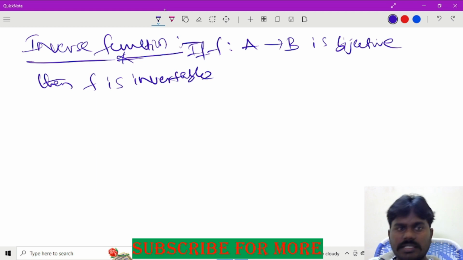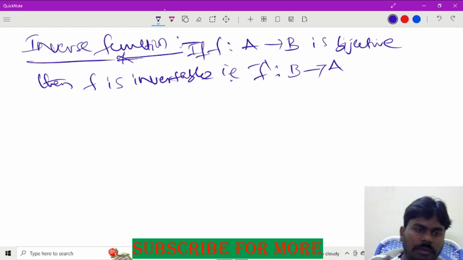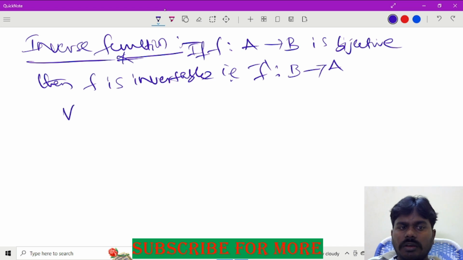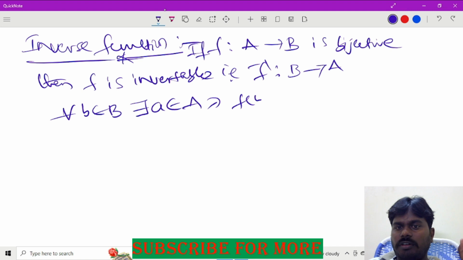Invertible means the inverse of the function exists, that is, f inverse is possible. f inverse is defined from codomain to domain, meaning f inverse from B to A. So for every element b which belongs to B, there must exist exactly one element a of set A such that f(a) is equal to b.